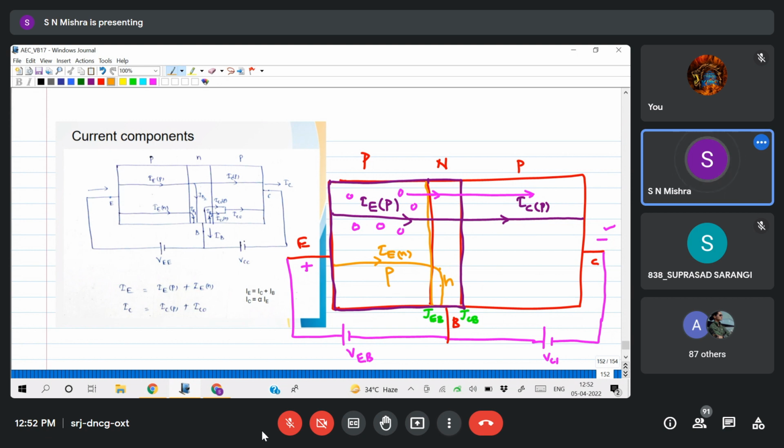Overall, whatever current I am taking here, IE, is due to electron and hole. So I can write IE equals IE due to hole plus IE due to electron, which are leaving the emitter. Is this part complete or any doubt?